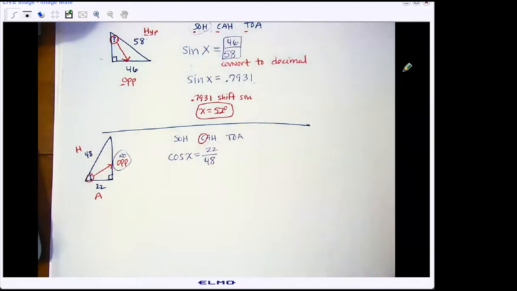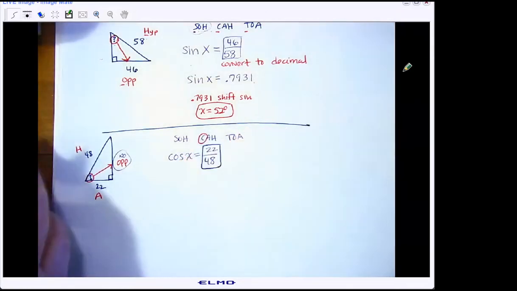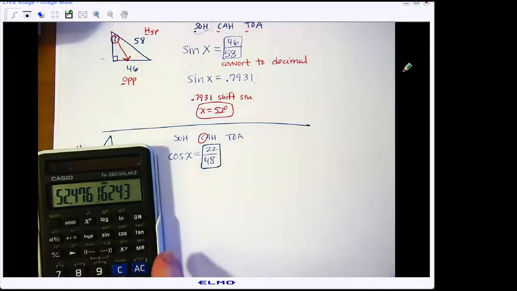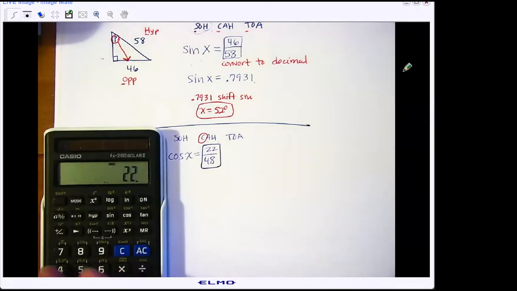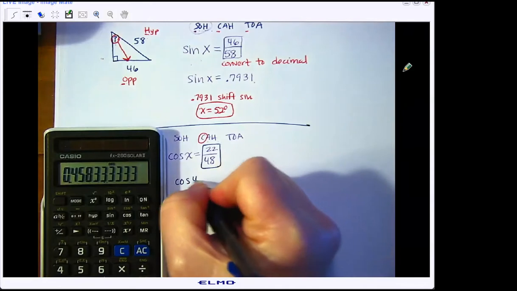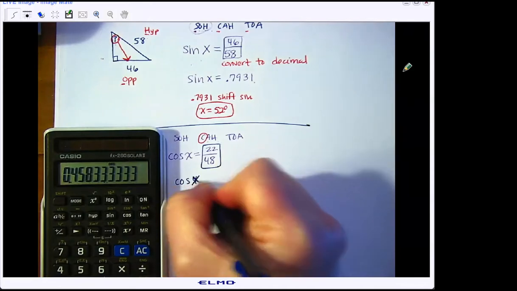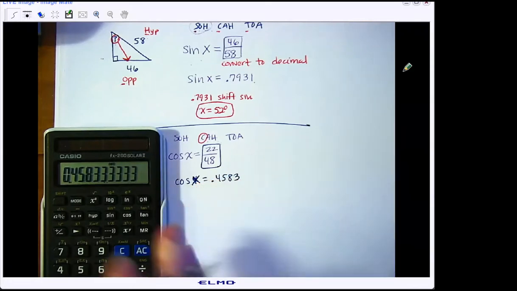Okay, change it to a decimal. So 22 divided by 48 equals, so the cosine of x is equal to 0.4583.